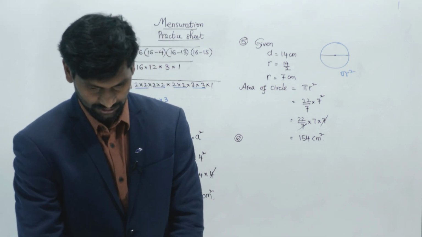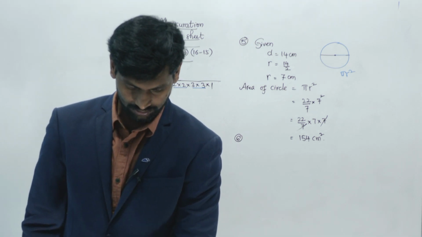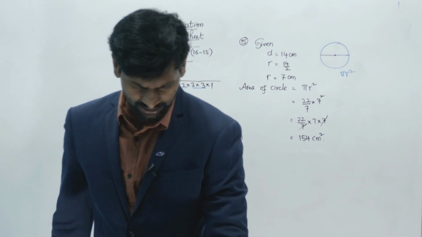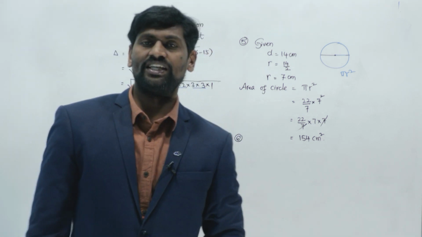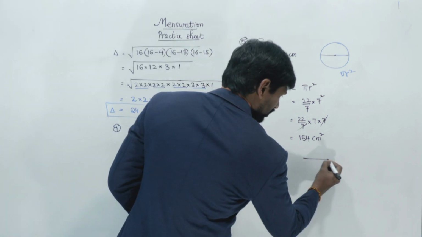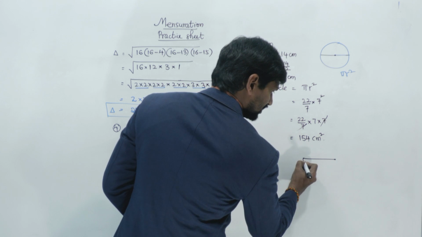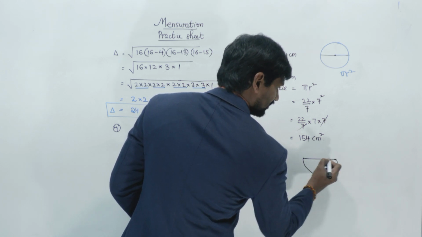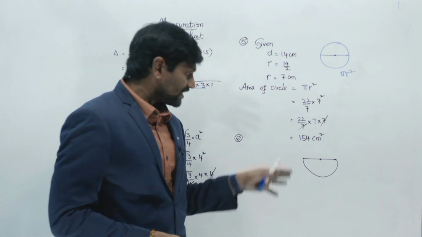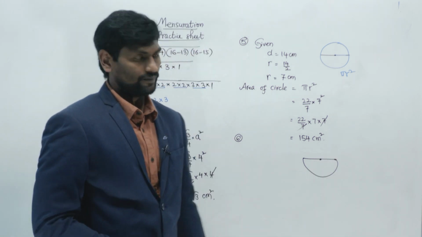Sixth question. The perimeter of a semicircle whose radius is 21 centimeter. So, semicircle. Let me draw the semicircle. Semicircle means half of the circle. Perimeter is nothing but measuring the boundary of a semicircle.